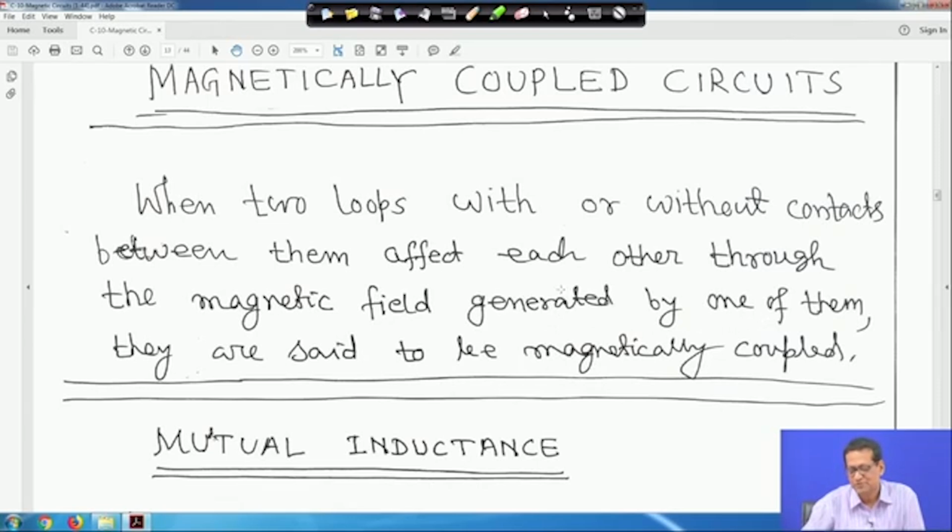Suppose two loops are there. If one loop is carrying a time varying current, some flux will link to the other coil, and they are said to be magnetically coupled.